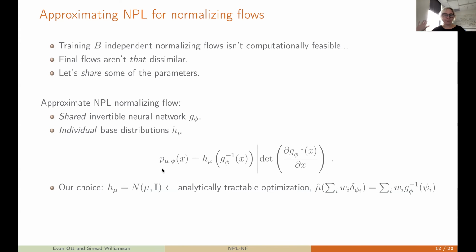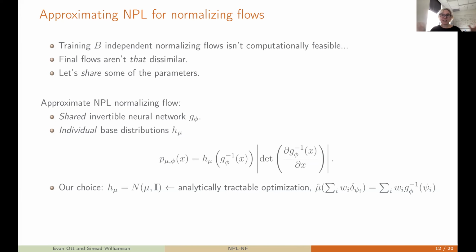And I'm not going to go complicated with that base distribution. I'm just going to pick a Gaussian with an unknown mean. I'm going to do that because I can easily calculate the maximum likelihood mean by just taking the pre-image of my data and pseudodata and taking the weighted mean using those weights from the Dirichlet process. Okay.